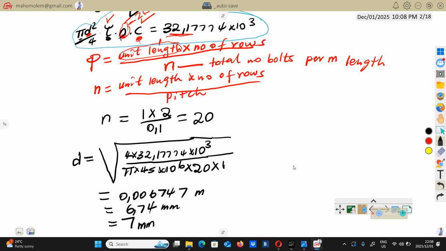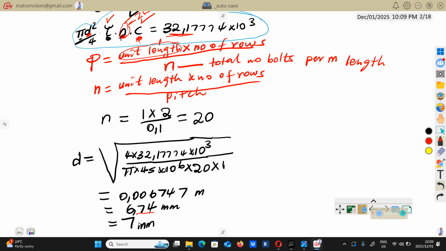So this one, remember, is just the minimum diameter. It means that in order for the bolts not to fail, the bolts must have a diameter of at least this much, 6.74, not less than this.